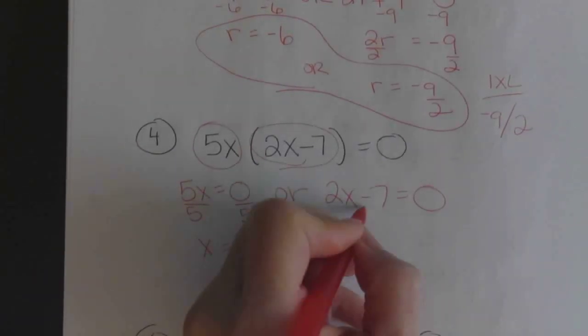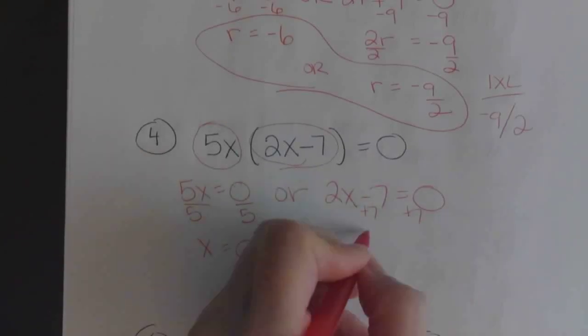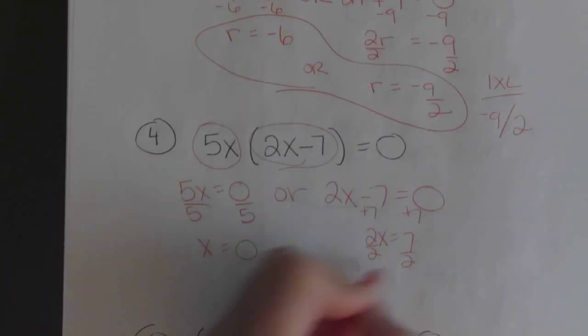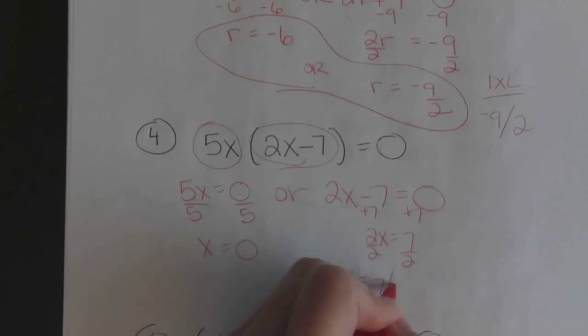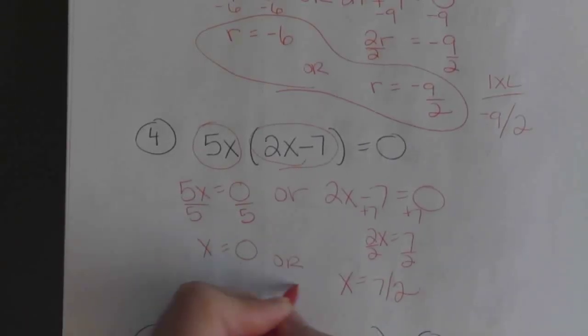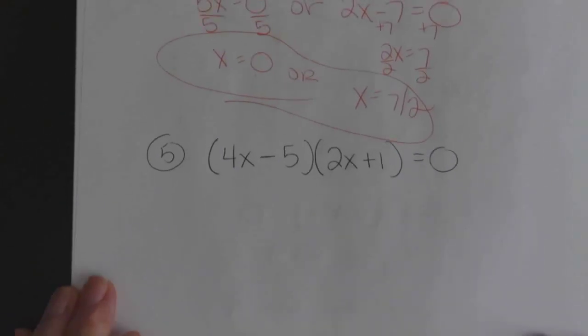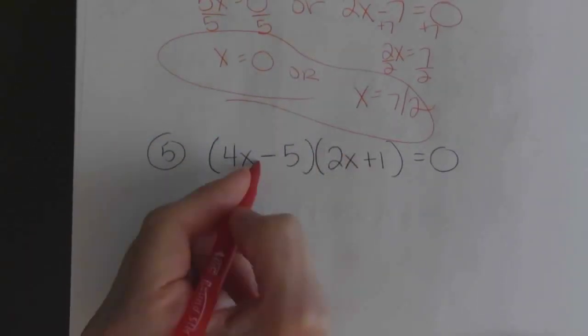And x will remain 0 because 0 divided by 5 is still 0. Here, 2 steps, add that 7 first. 2x equals 7, then divide. So I would type it in as 7 over 2 like that. Or you could do 3.5. You see the pattern here. It really becomes robotic in a way.